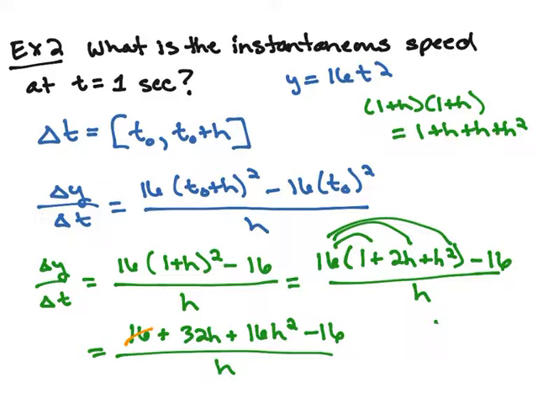The 16s go to 0. And I'm still going to factor out an h. There's an h in everything here. So if I pull out an h, I'm left with 32 plus 16h, and that's all over h. So the h over h will go to 1.